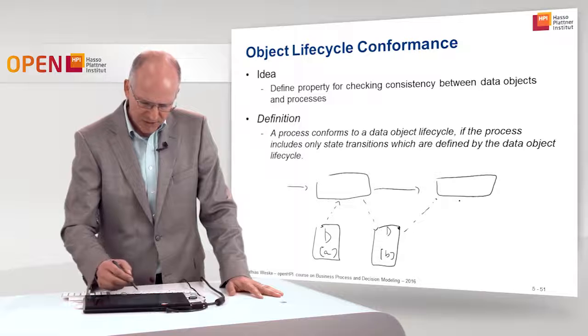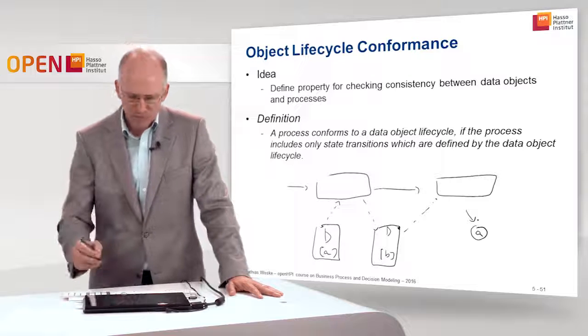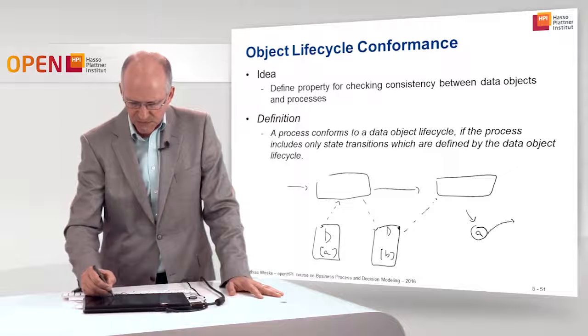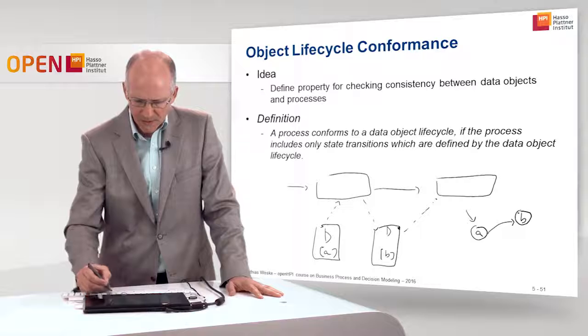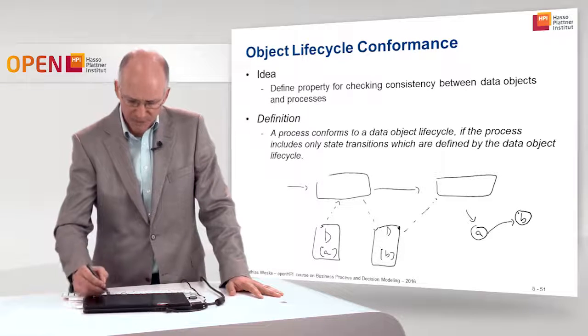Then we have a state change from A, and that is now the object lifecycle of the data object D. There needs to be a state change from A to B. If we have this state transition in the object lifecycle, perfect.